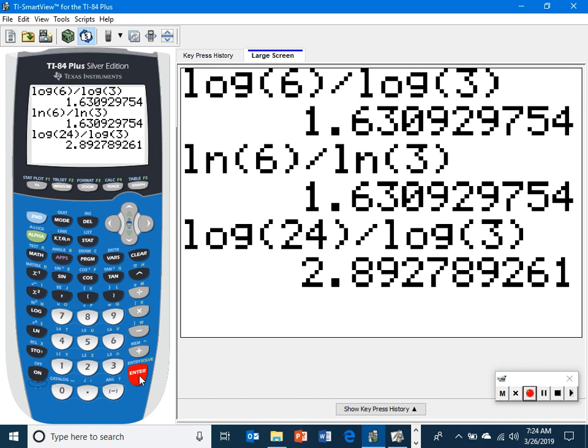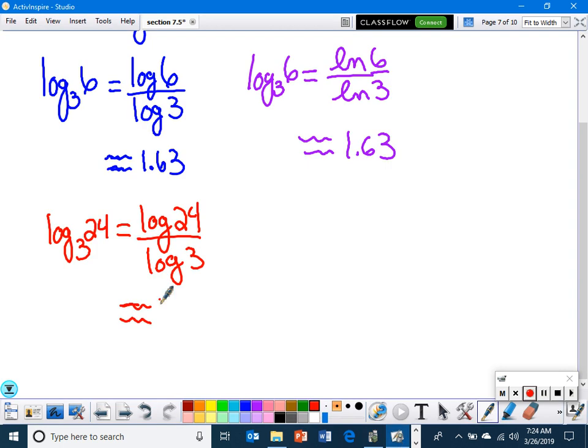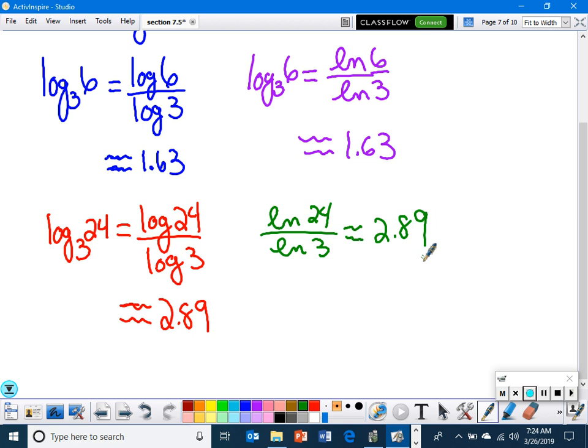So it's about 2.89. And again, you could use natural log. You could say natural log of 24 divided by natural log of 3. You're going to get the same answer. Memorize that change of base formula because you're going to have to use it a lot.